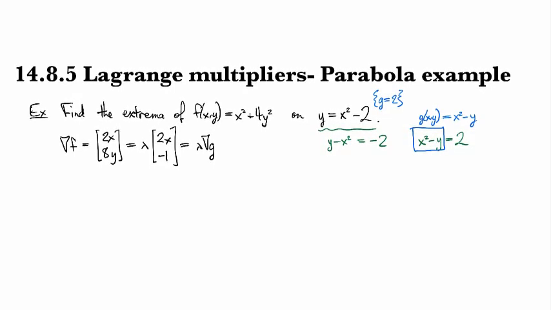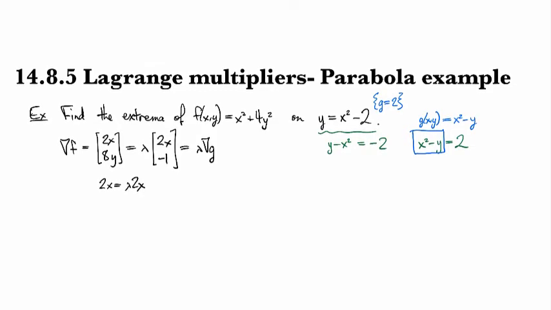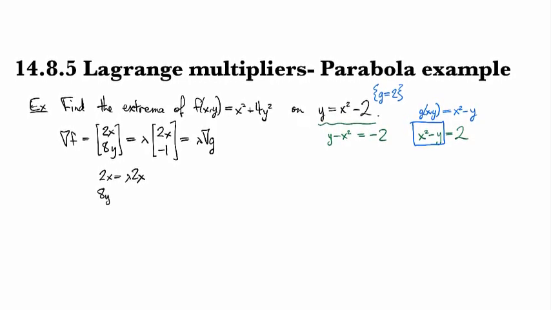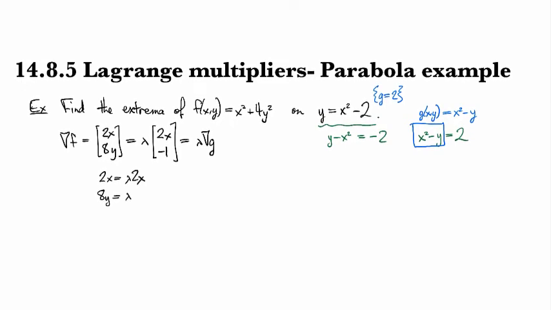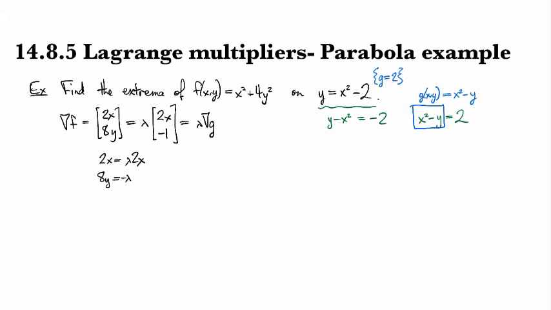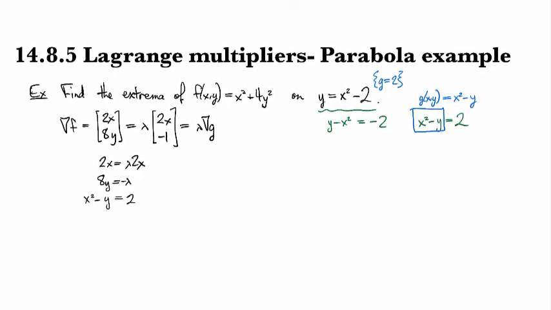Okay, and so then that gives us the system 2x equals lambda 2x, and 8y is equal to minus lambda, and then we've got our constraint of x squared minus y equals 2.